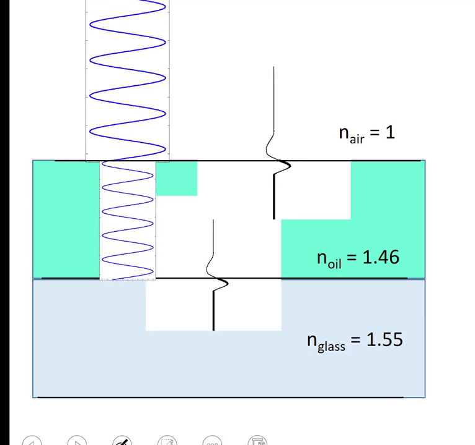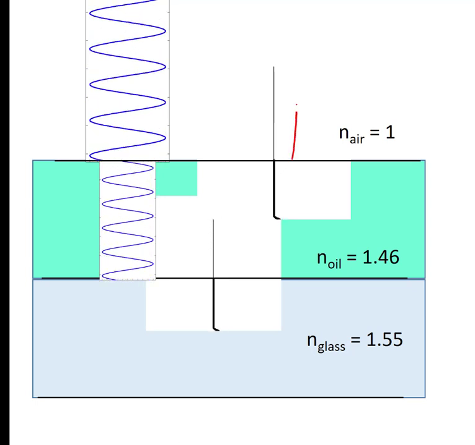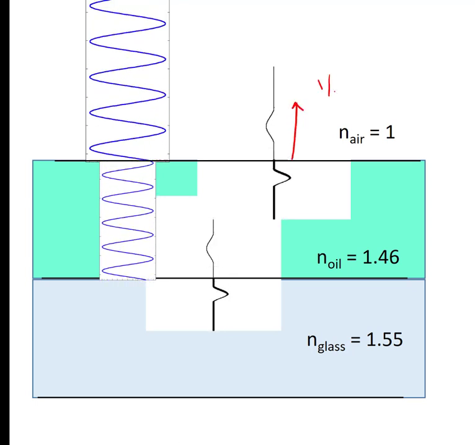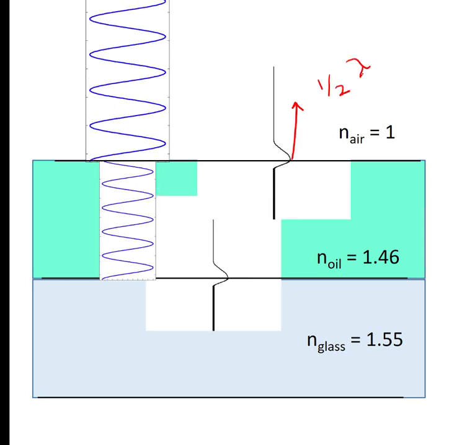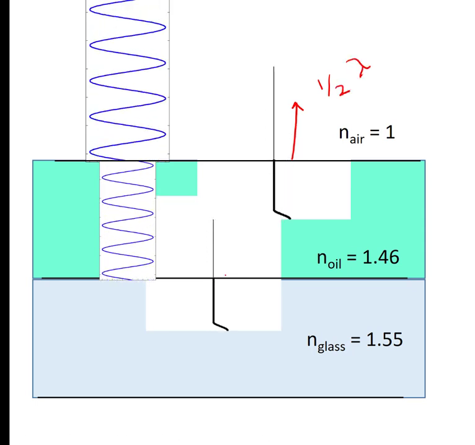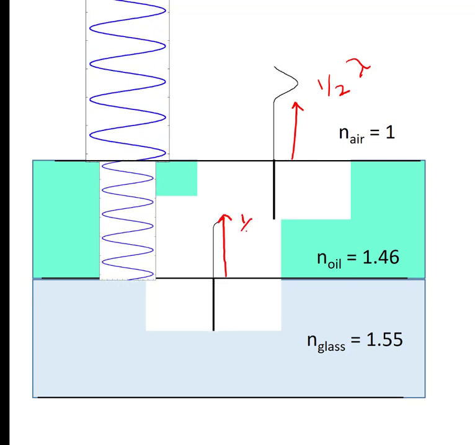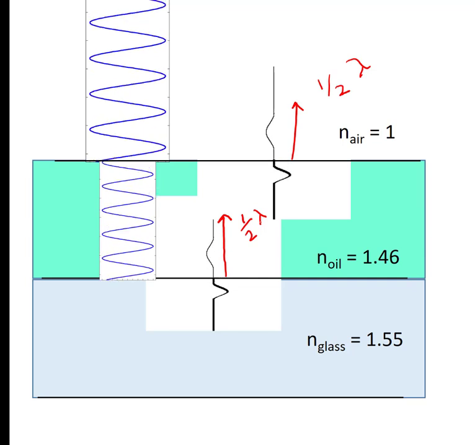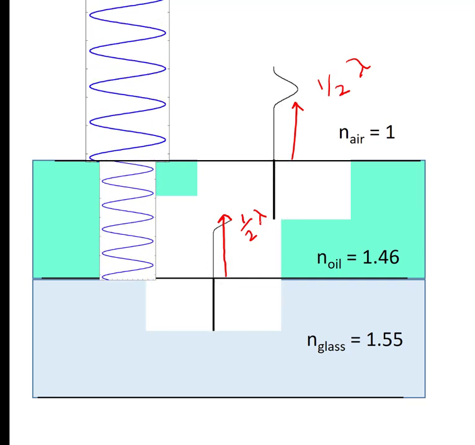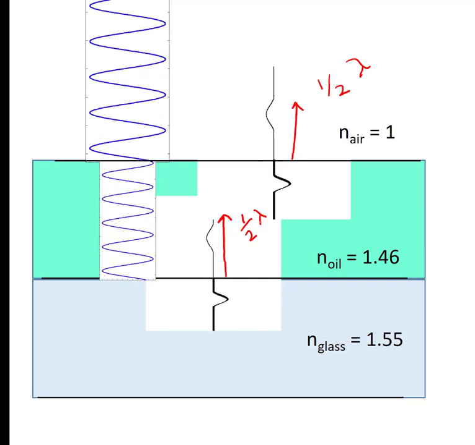So let's do some thinking here. The light coming off of this surface here has a half a wavelength phase shift. The light coming from this surface here also has a half of a wavelength phase shift. So by virtue of the reflection alone, we have a half a wavelength and a half a wavelength, or one wavelength.